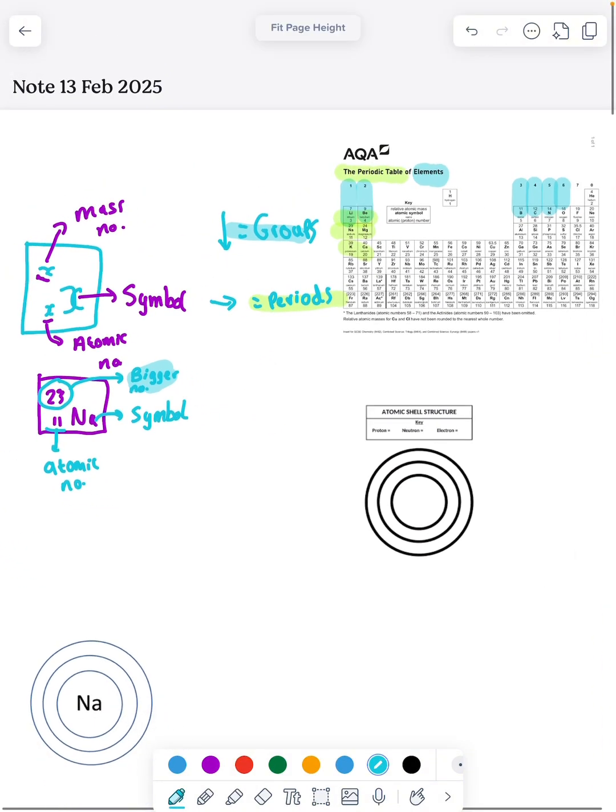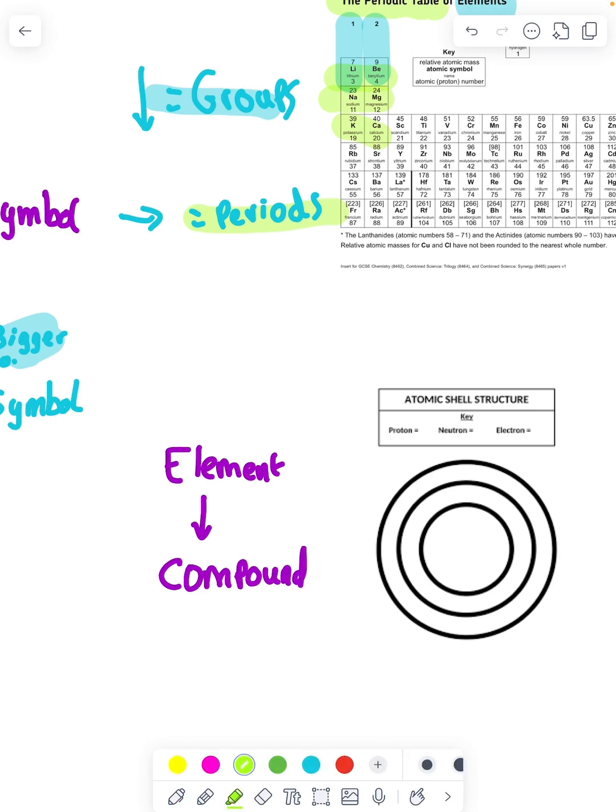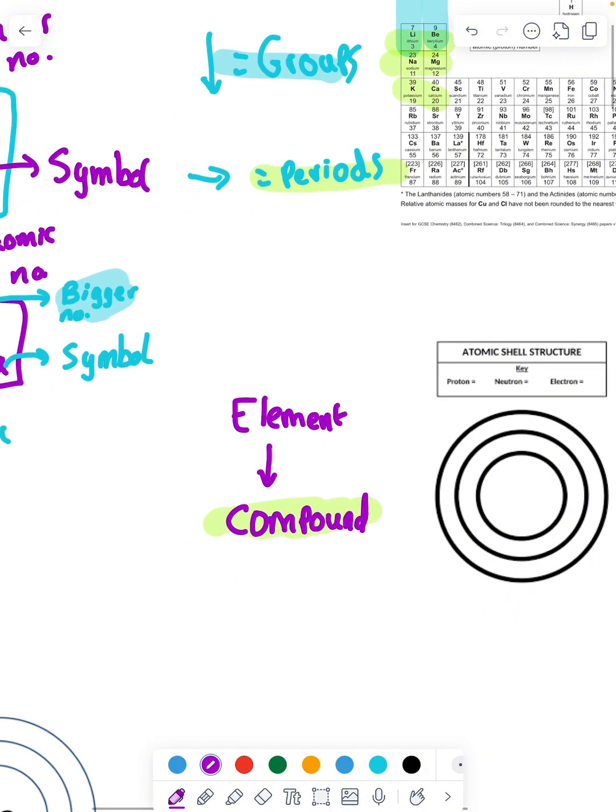Now, we're going to go through this in order of size. We've started with an element, and we're going to look at what happens if you join elements together. If you join 2 or more elements together, you get what's called a compound. By definition, a compound is 2 or more elements joined together.